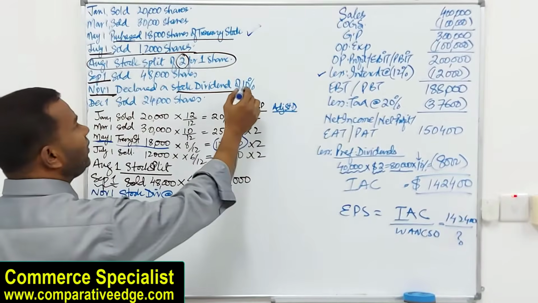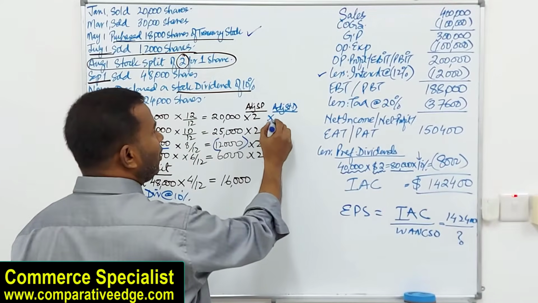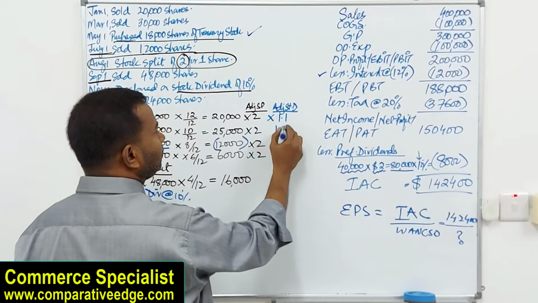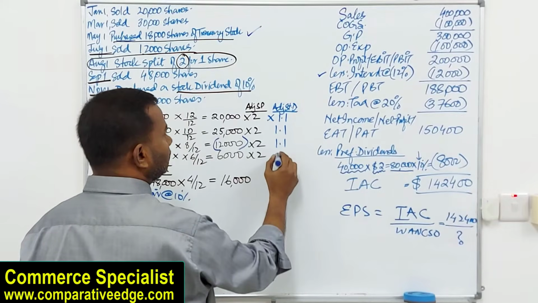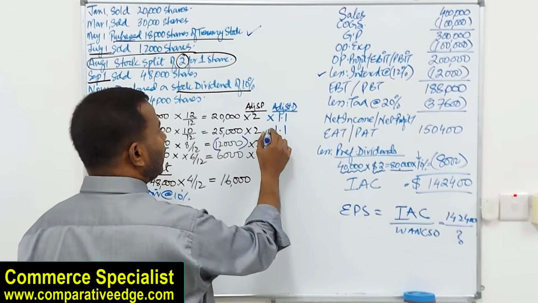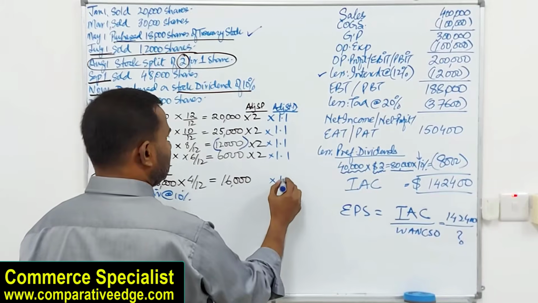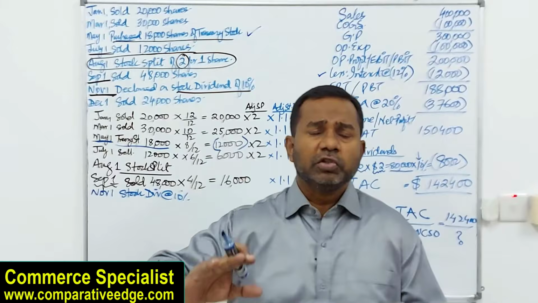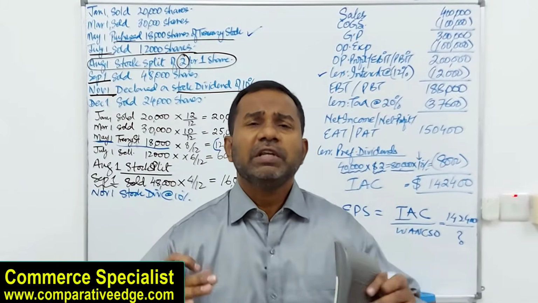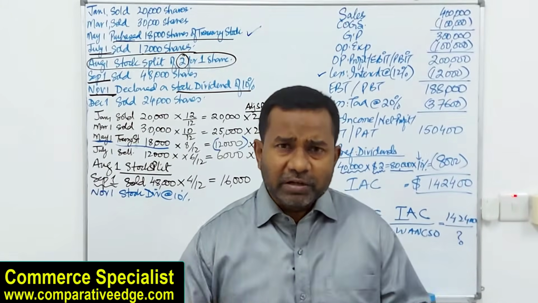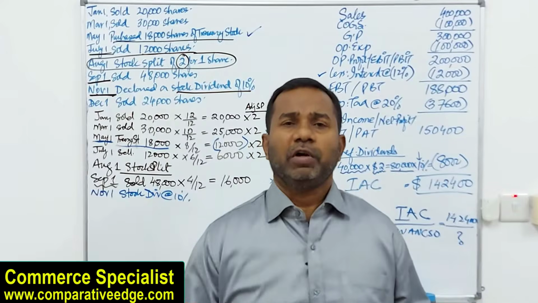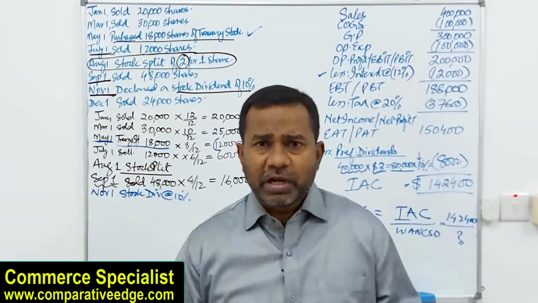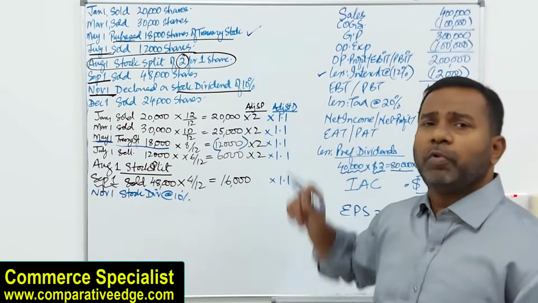If it is 10%, I will multiply all this by 1.1. This is the effect a stock dividend has. All the shares which have been issued before the stock dividend, you just increase them by 10%. If I have to increase them by 10%, I'll multiply by 1.1. If the stock dividend is 20%, I'll multiply all these shares by 1.2.